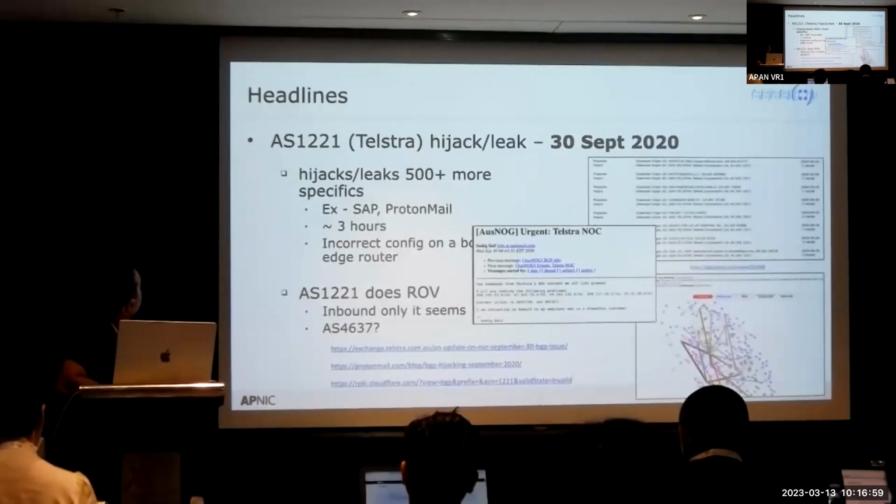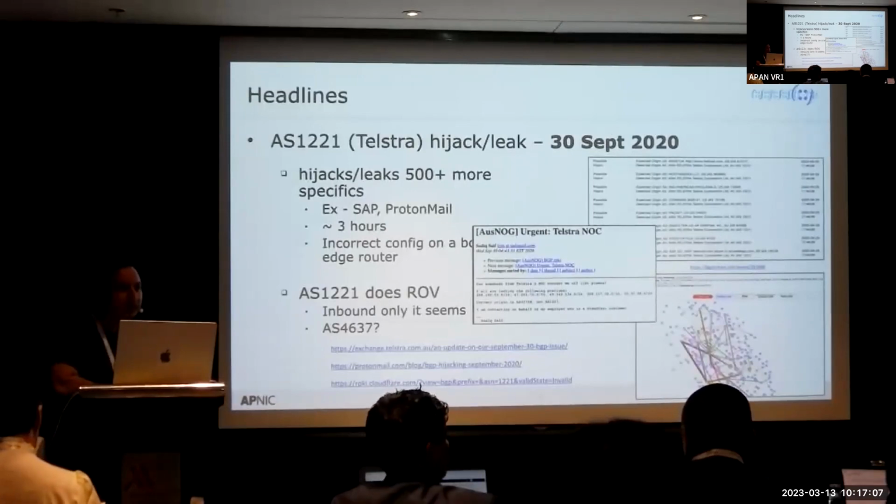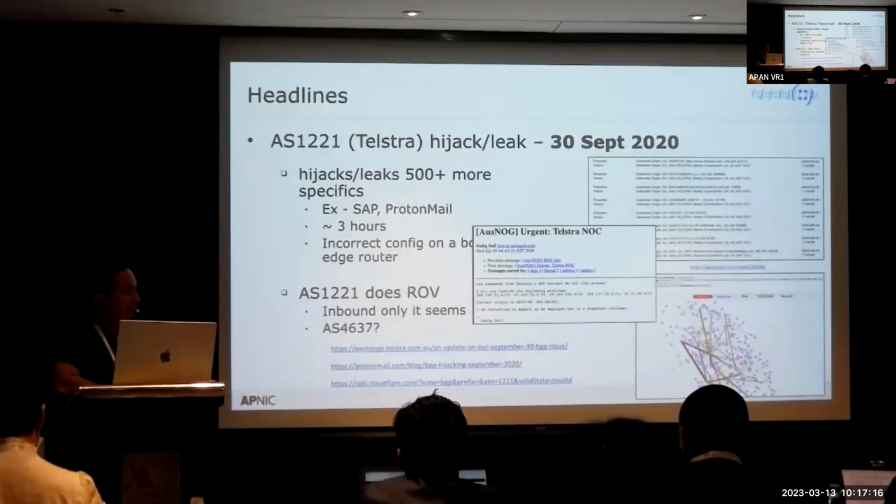Right, so again, there is another headline, in 2020. I think that's one of the times when this filtering became much more popular, and most of the networks started doing filtering on their side. Right, so it hijacked around 5,500 more specific prefixes, and that's also not with bad intent.